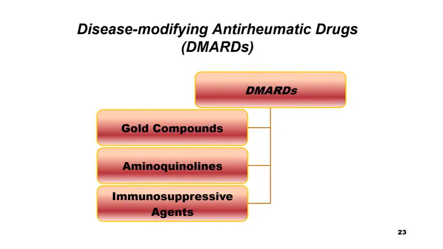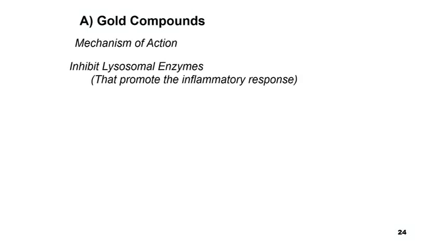Chemically, we can classify them into gold compounds or aminoquinolines. Another naturally acting group are the immunosuppressive agents, and we are going to cover these three categories. Gold compounds have the ability to inhibit lysosomal enzymes, so they can prevent the inflammatory response.